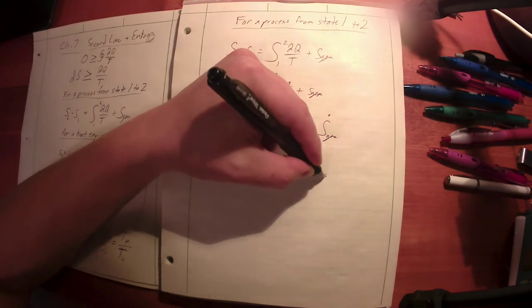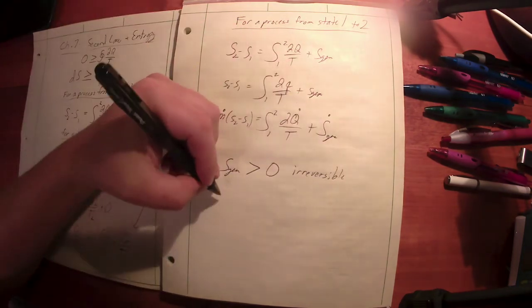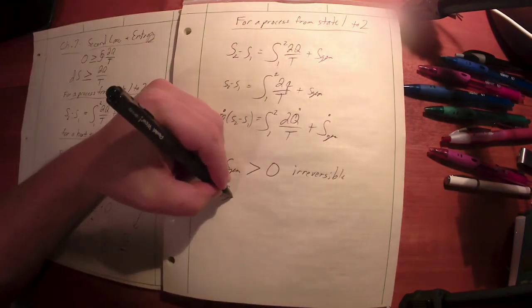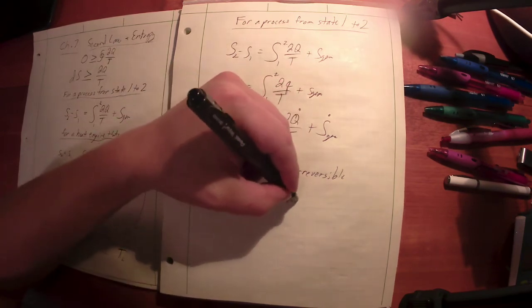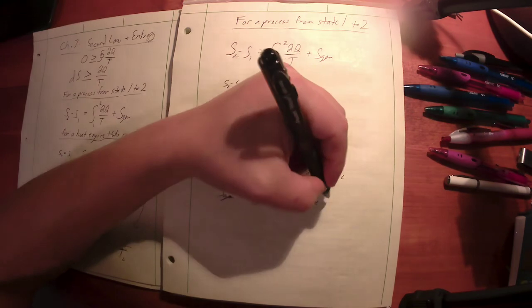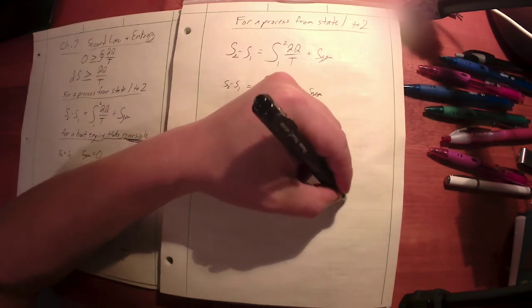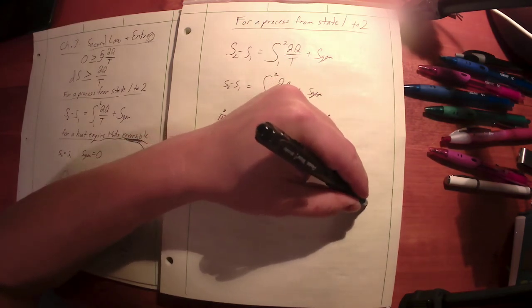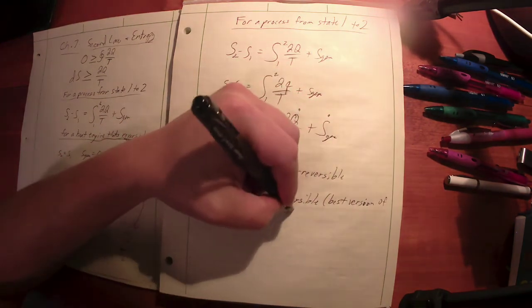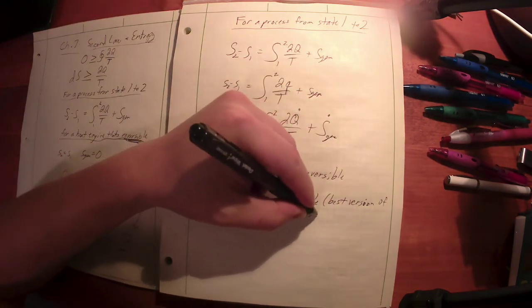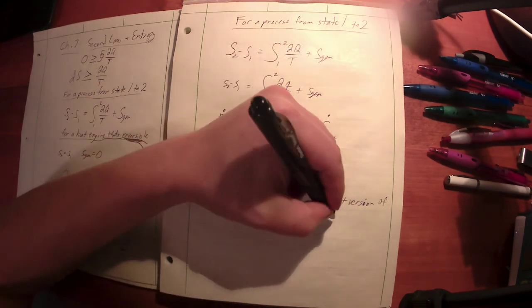We call that irreversible. That's what we expect. If S gen is equal to 0, that's reversible. That's the best version of the device or process.